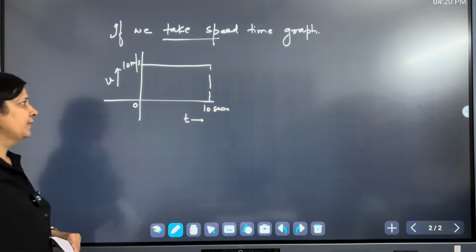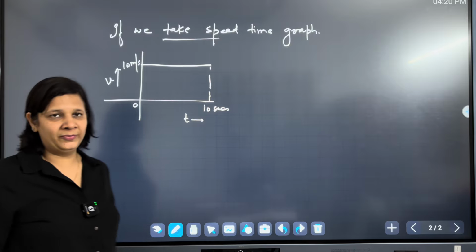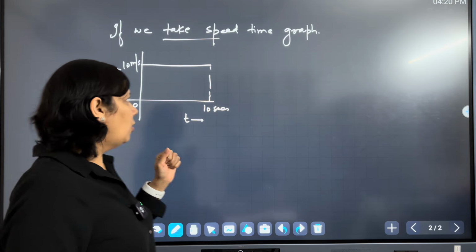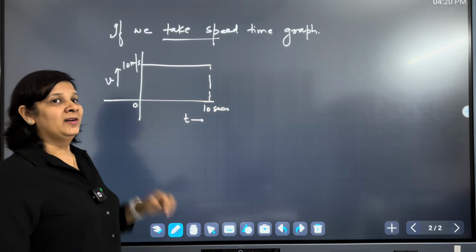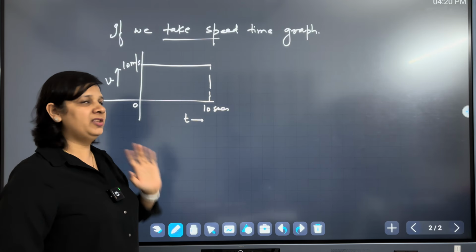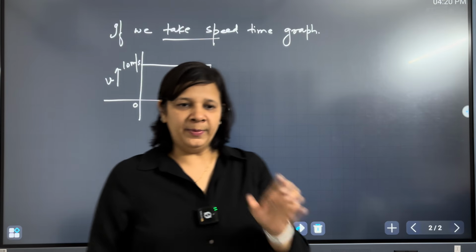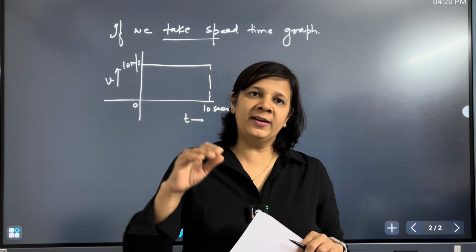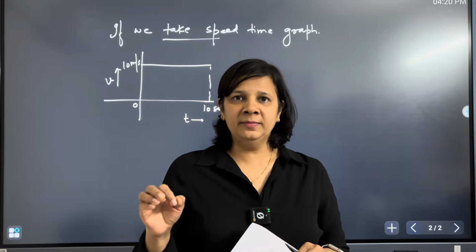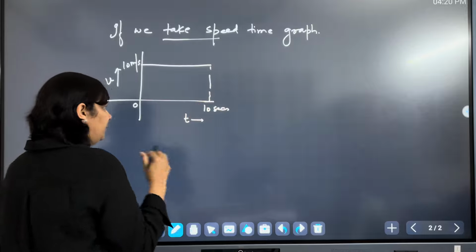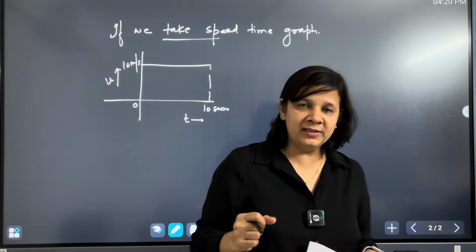This is origin. This is the kind of graph you have. So from this graph, what does it tell you about the motion of an object? The object is moving with a constant speed of 10 meter per second as the time is changing, okay? For example, I'm driving a car at a constant speed of 10 meter per second, okay? Now, if somebody asks me, what is the acceleration of this object?